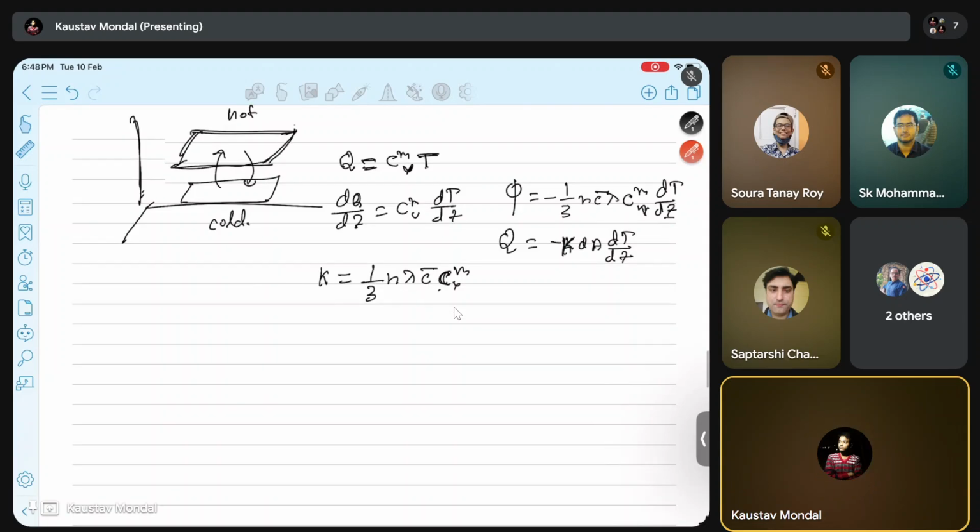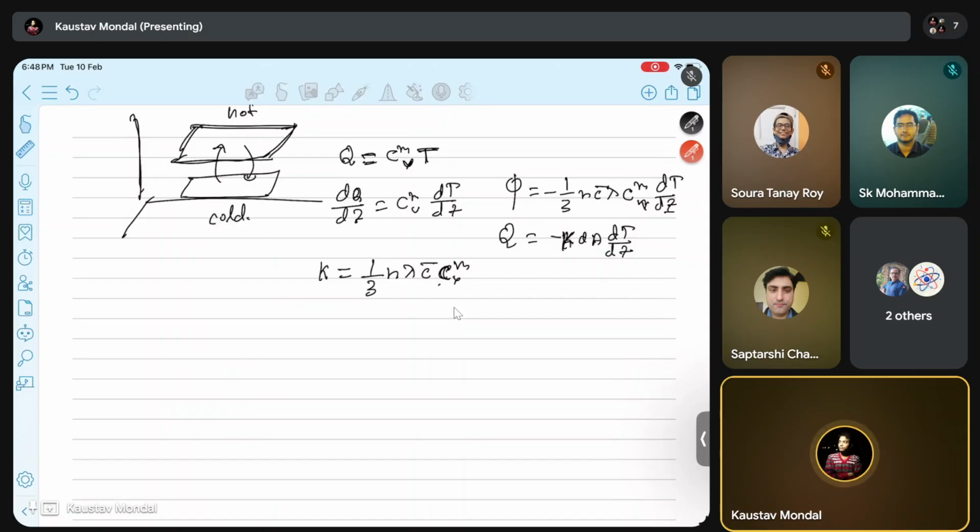Here also you can write it in a different form. You can write 1/3 as c-bar into C_vV, where C_vV is the heat capacity per unit volume. Previously it was the heat capacity for a single molecule.